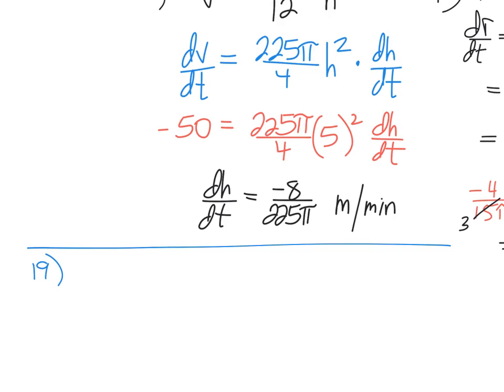All right, so they're telling us that dV/dt is picking up moisture at a rate proportional to its surface area. All right, so we're looking at a sphere. We know the volume of a sphere is 4/3 pi r cubed.